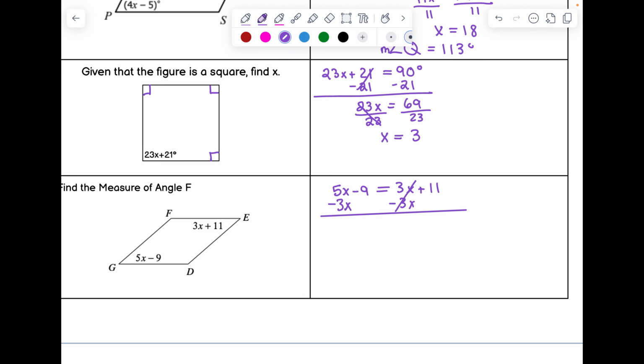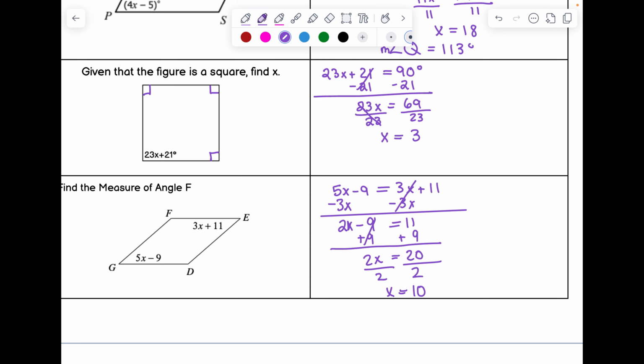These cancel out, and I'm left with 2x minus 9 equals 11. Add 9 to both sides. 2x equals 20. Divide by 2 on both sides. X equals 10.